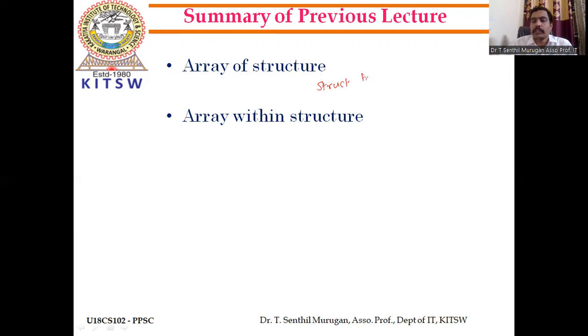For example, book is the structure name, the tag name, then the array of structure, number of books, for example books[100]. You can create 100 variables: books[1].author, books[1].price, and so on. The index starts from 0 to 99, because array indexing starts from 0, so we can give 0 to 99 book details.